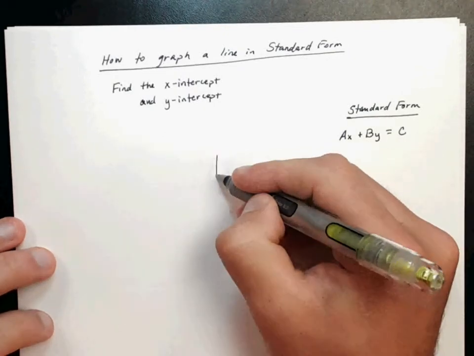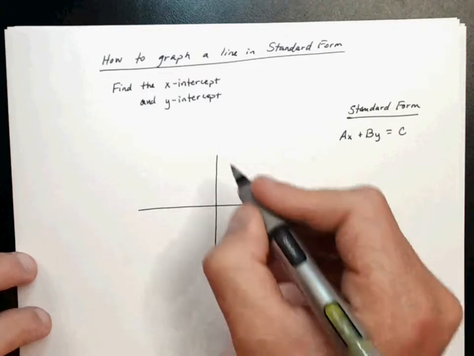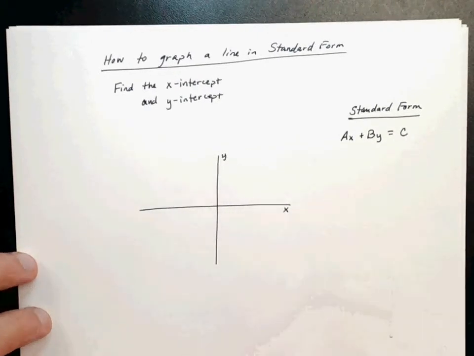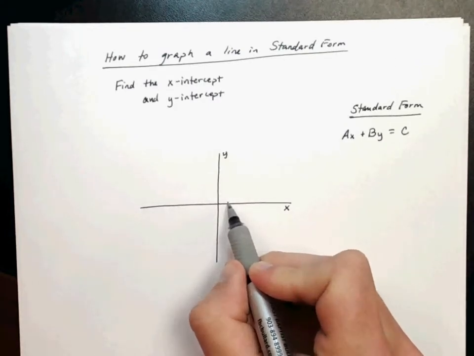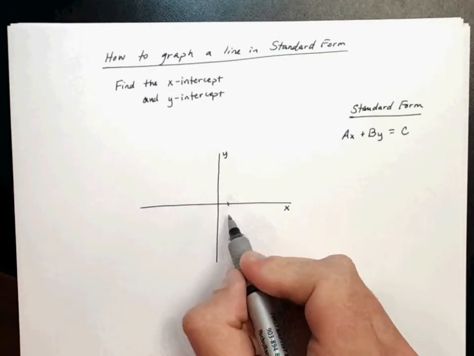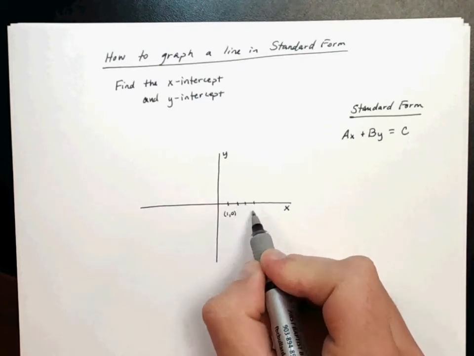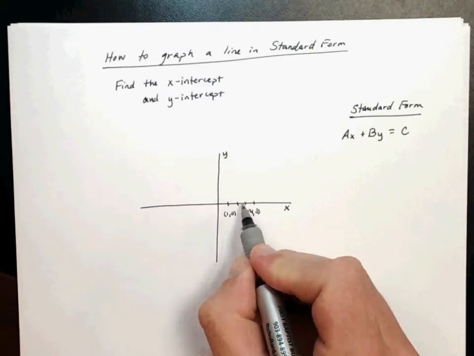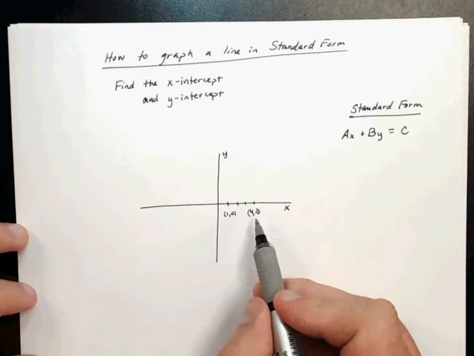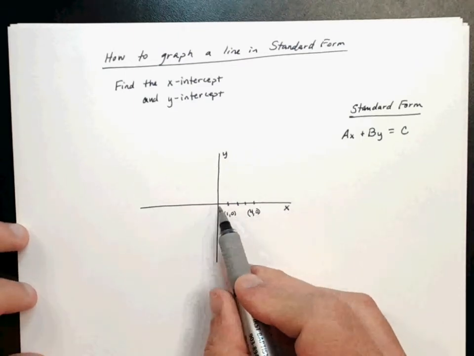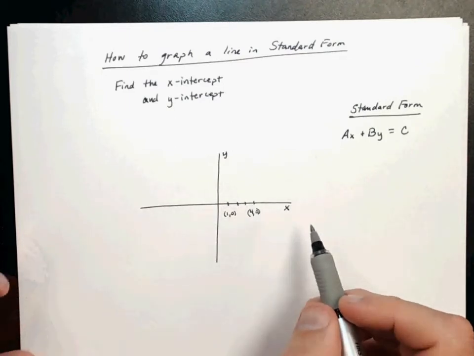If we look at a graph, like so, here's our y-axis and here's our x-axis. Everywhere on the x-axis, for instance, this point would be at 1, 0. This is 1, 0. This point is at 4, 0. And this would be 2, 0, 3, 0, 4, 0, and so on. Everywhere on the x-axis, y equals 0.